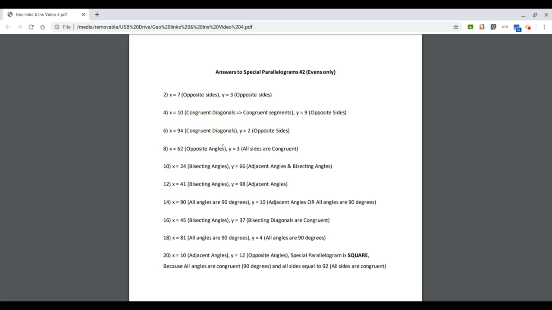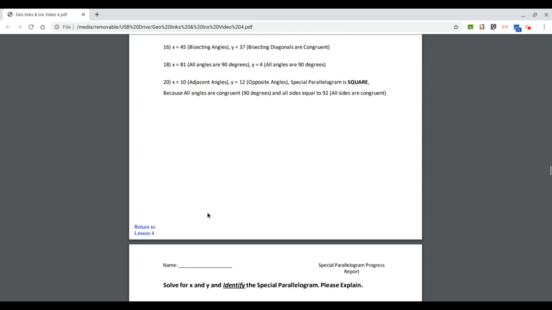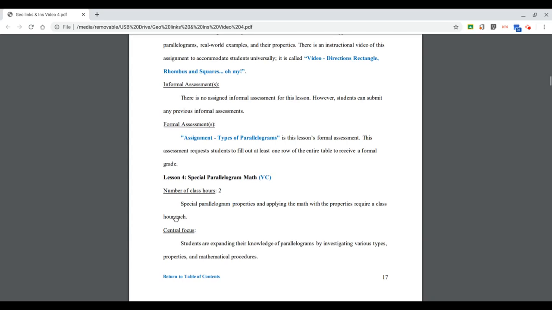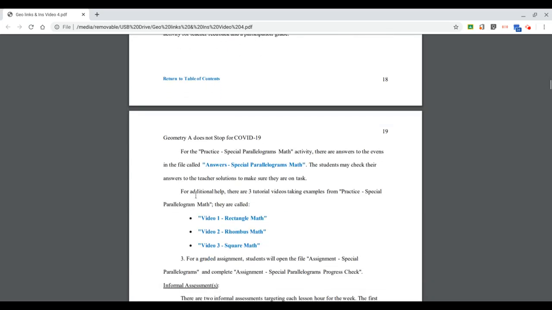So this is the answers, this time to the evens. I just changed it up, or maybe I thought the problems may require some more observations from the students. So returning back to lesson 4, that was the answers.